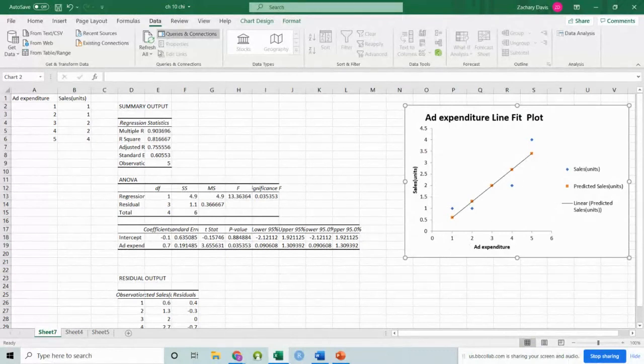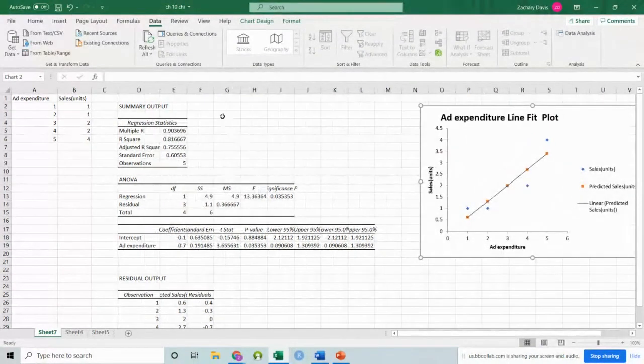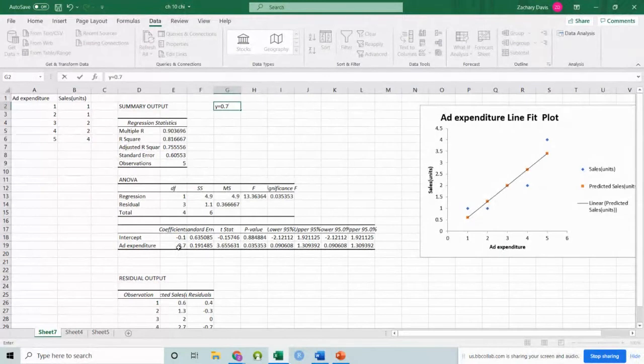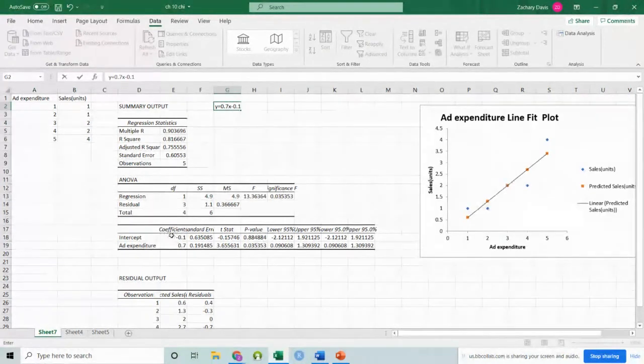with our prediction line. You'll notice that from that trend line that we created, the coefficient is the same and the intercept is the same. So if we get just this regression output, we would end up with y equals 0.7, that is our beta 1 coefficient, x, and then it's going to be minus 0.1, because that is our y-intercept.